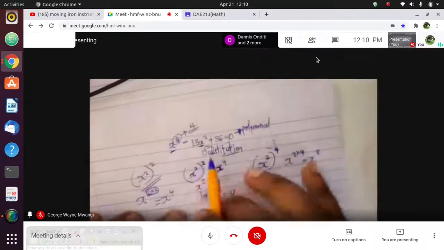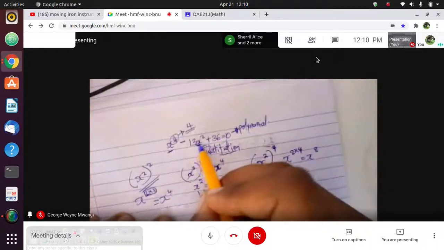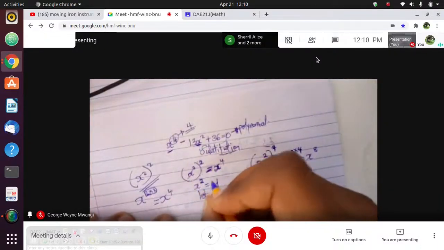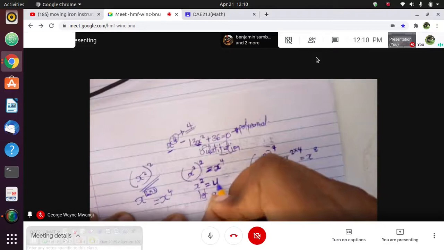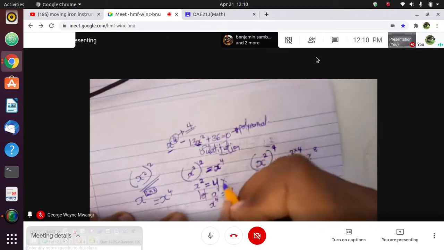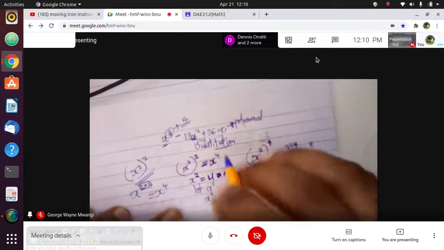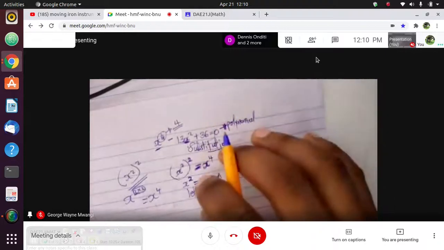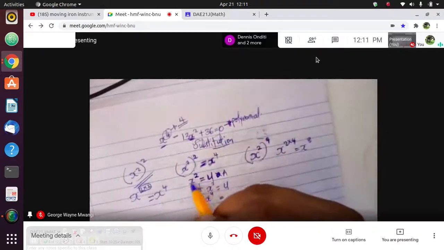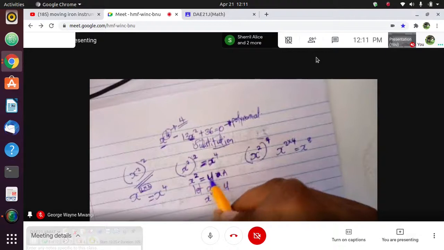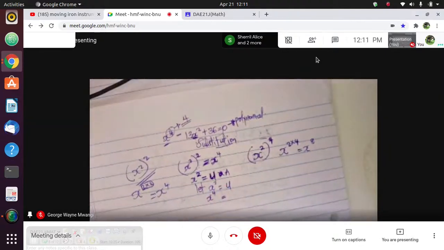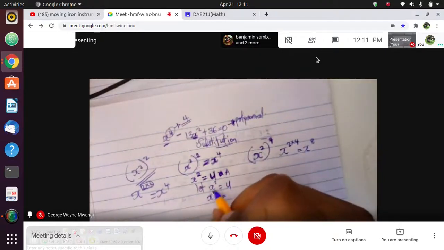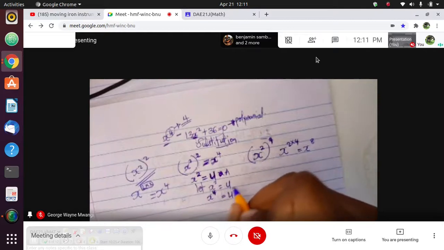Now, we have taken the x squared and substituted it with a random variable u. We can take a, b, c, g. It does not matter. Now, if x squared is u, in this case we have used u, x raised to power 4 will be u squared.